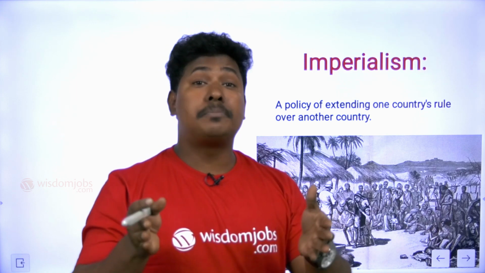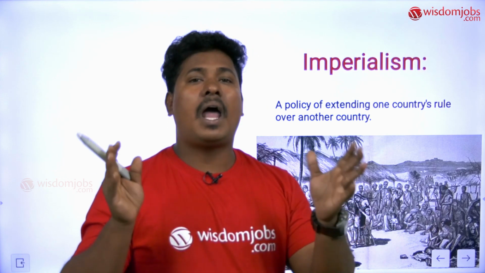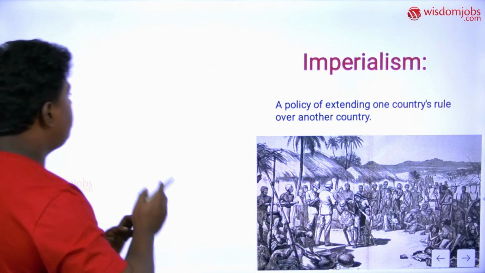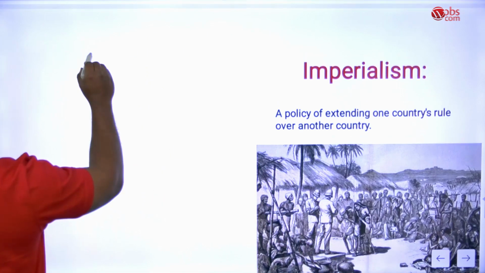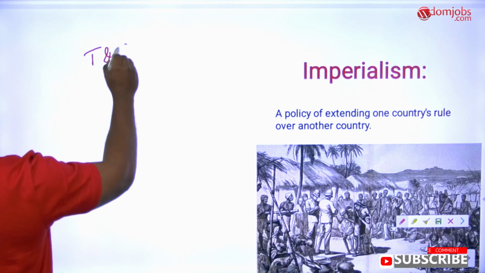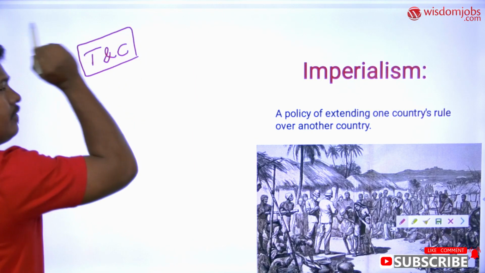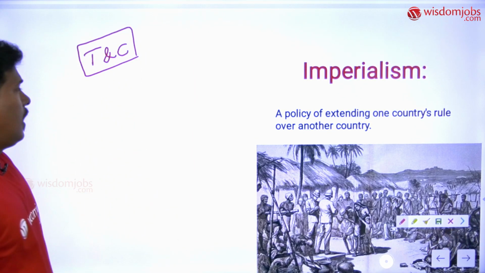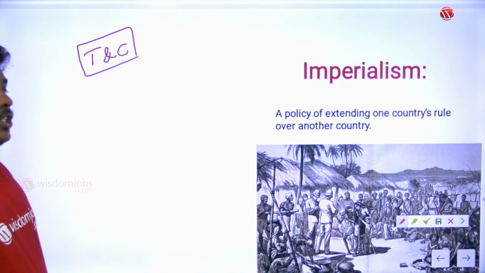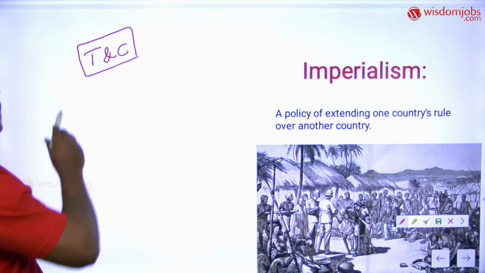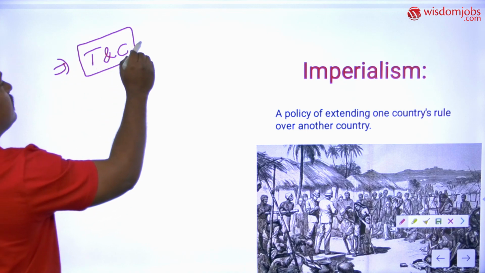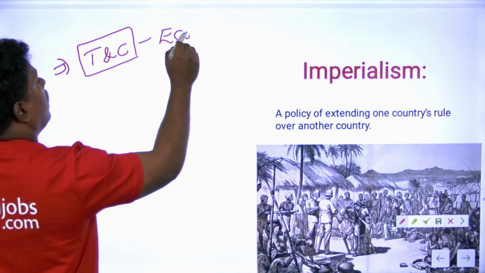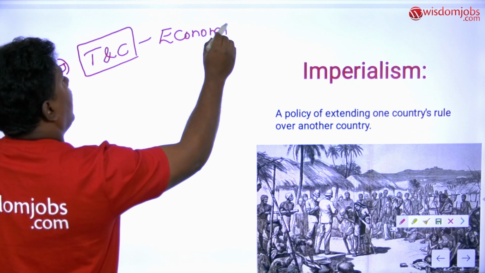Now, let us see the differences between colonialism and imperialism. Colonialism is related to trade and commerce. Very, very important. Have a look here. Colonialism is related to trade and commerce, which means this is completely the economic aspect.